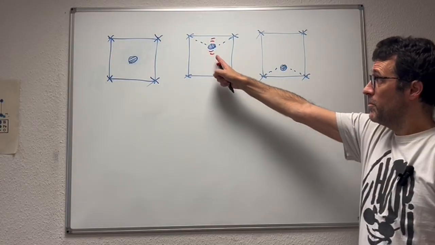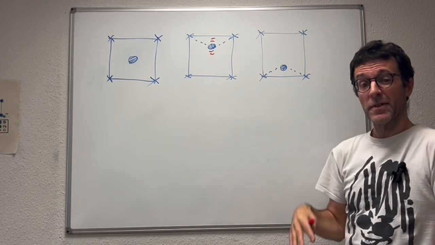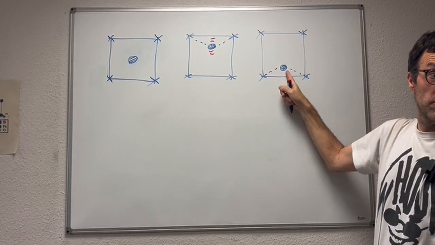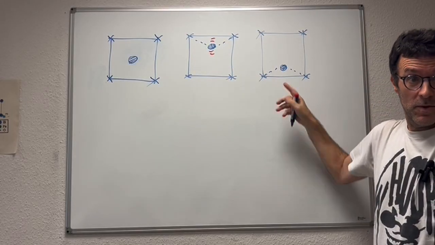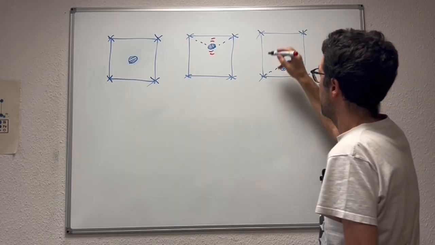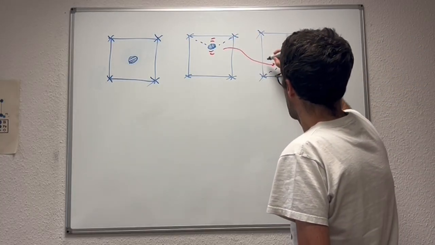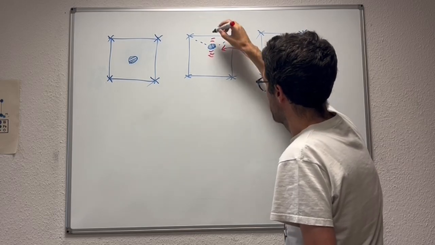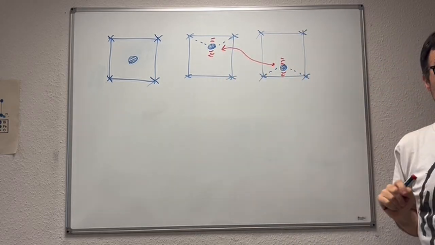Okay? And at some point, it may happen that the temperature is high enough for this atom to be able to break these bonds and to jump to this configuration. Okay, for a high enough temperature. So at high enough temperatures, we may have a situation where from time to time, the atom jumps from there to there.